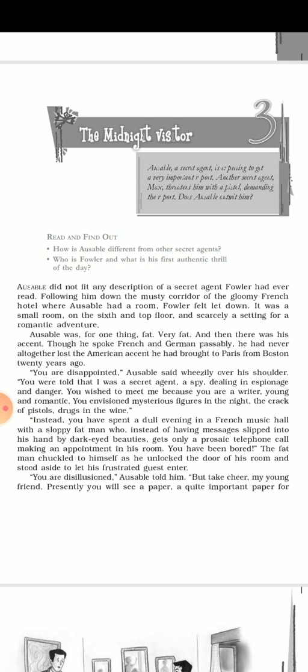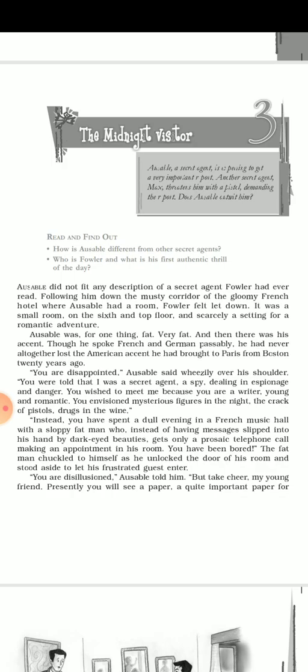He used to read the stories written by other writers. So Fowler had read many stories related to secret agents, that secret agents are very fit, they are tall in height, they maintain good health, they have good physical strength, right? So they are mentally fit, they are very aggressive.